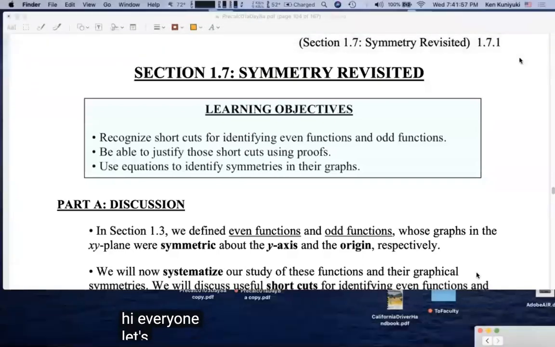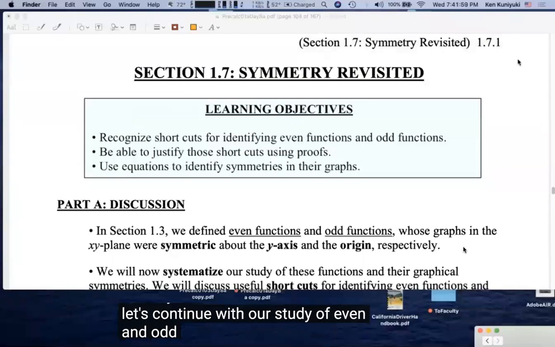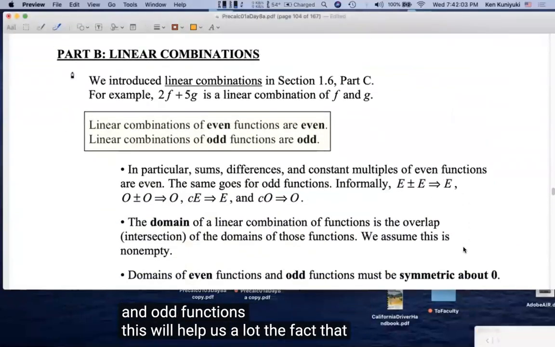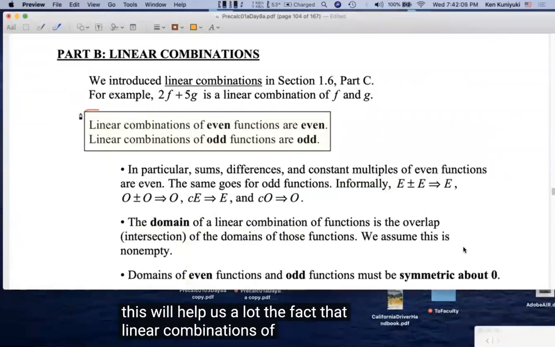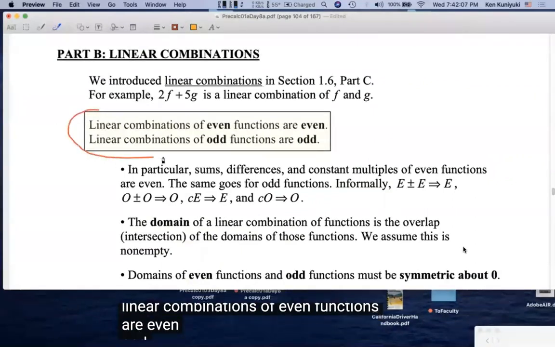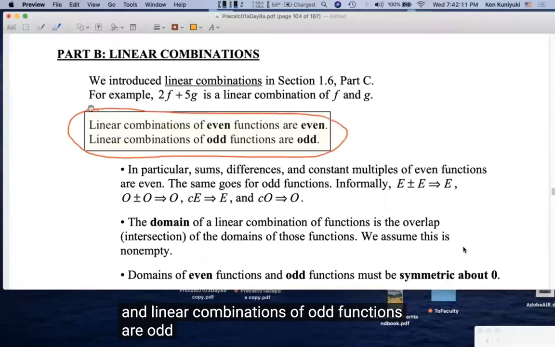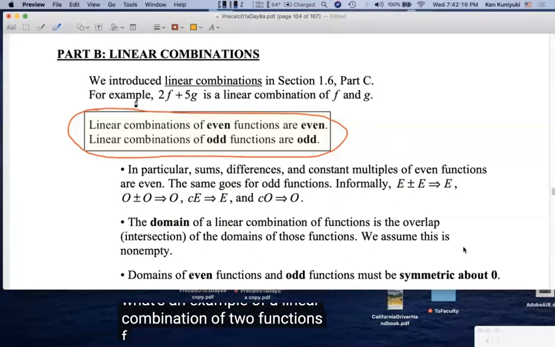Hi, everyone. Let's continue with our study of even and odd functions. This will help us a lot: the fact that linear combinations of even functions are even and linear combinations of odd functions are odd. What's an example of a linear combination of two functions, f and g?